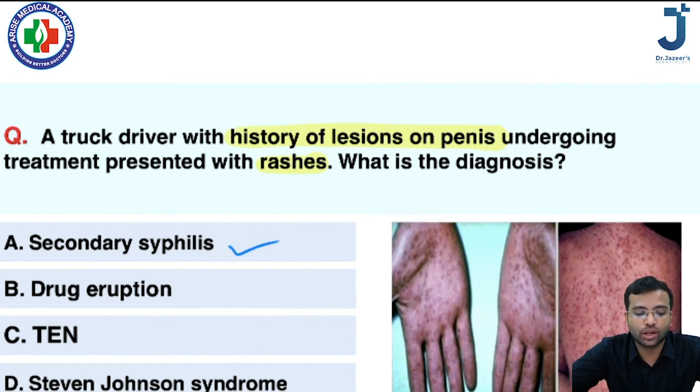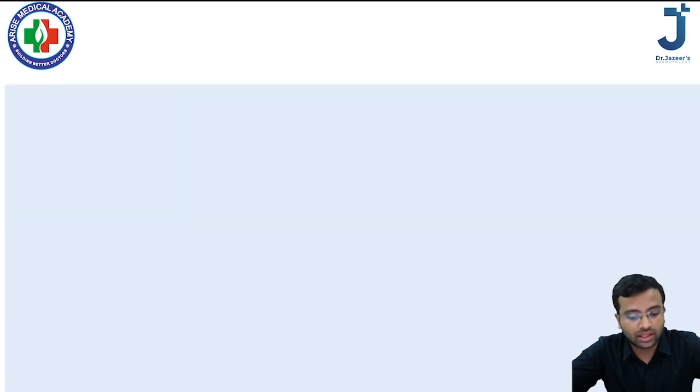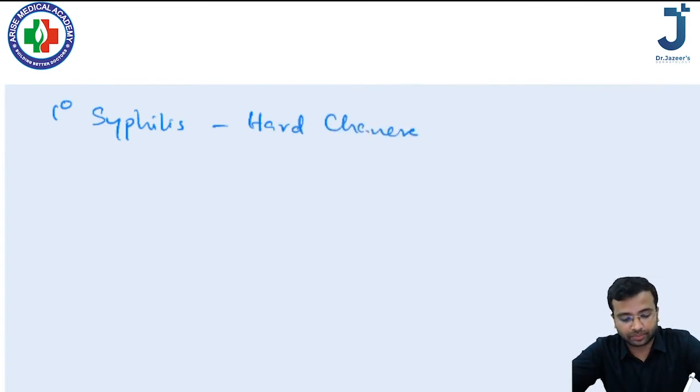So what is this history of lesions over the penis? That is seen in primary syphilis, isn't it? Which is also called the hard chancre. Where you will be getting a painless indurated genital ulcer.